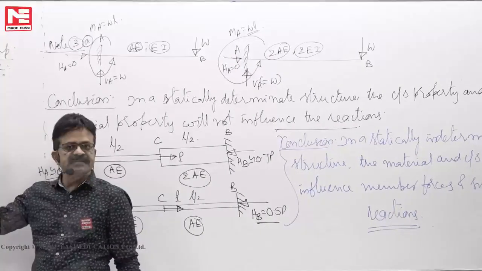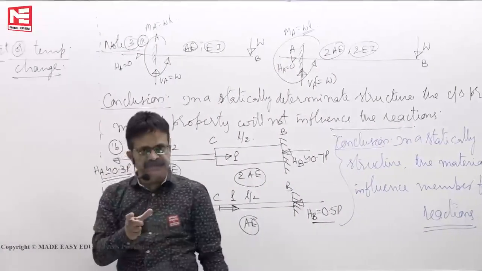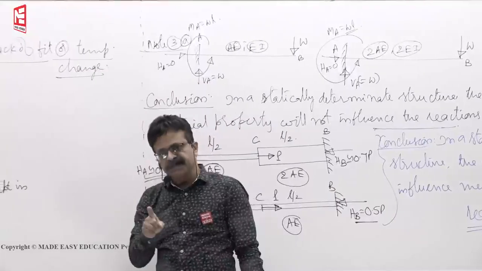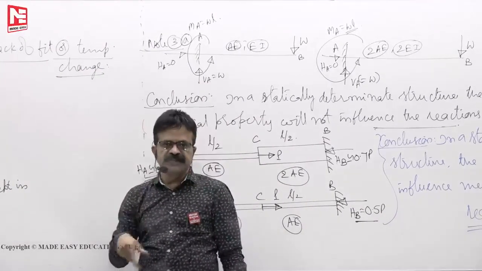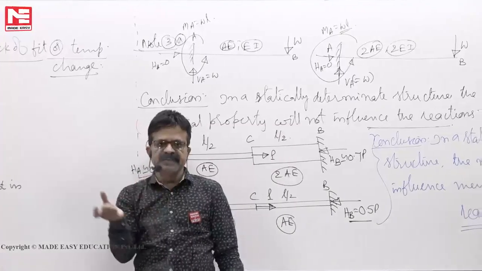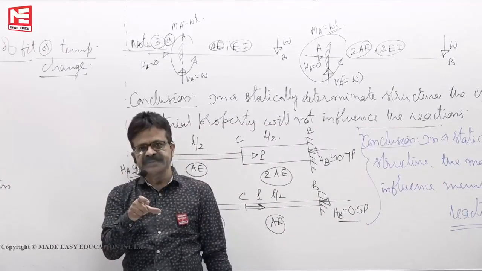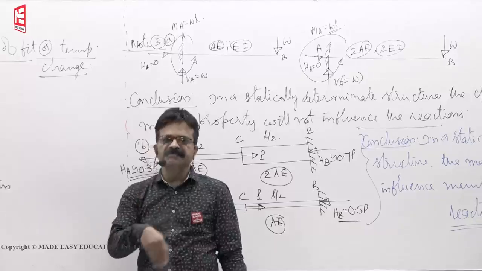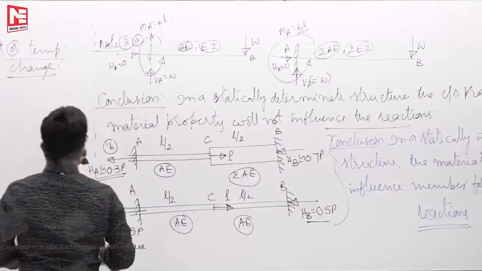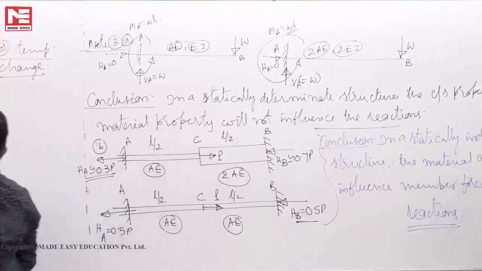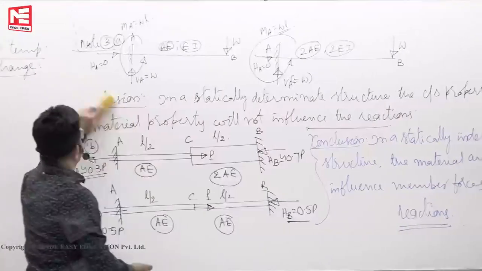If the axial rigidity of one member is doubled, then the force in that particular member slightly increases but is not doubled. Just because you doubled axial rigidity, the already existing 10 kilonewton won't become 20; 10 may become 13, like that. So that we'll write as the fourth conclusion.